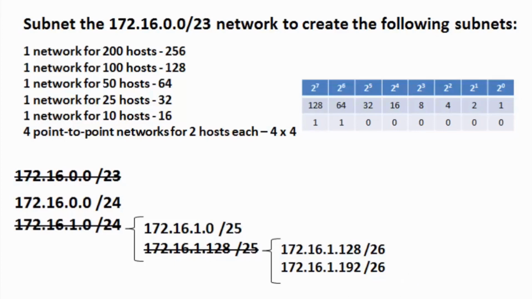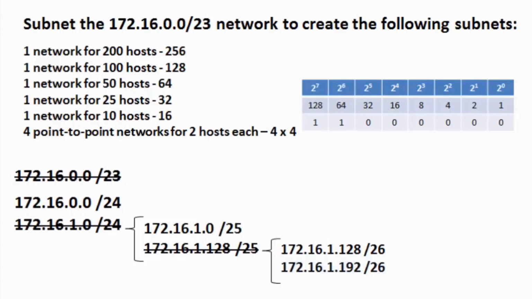I now have my 256 host subnet, I have my 128 host subnet, and my 64 host subnet. I can subdivide the second of these two subnets into two smaller subnets of 32 hosts each.